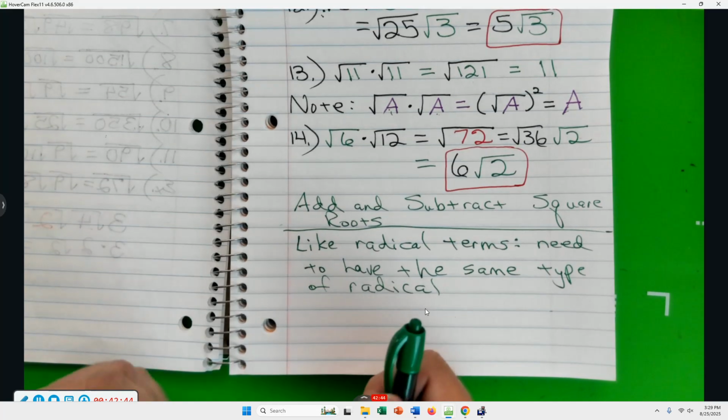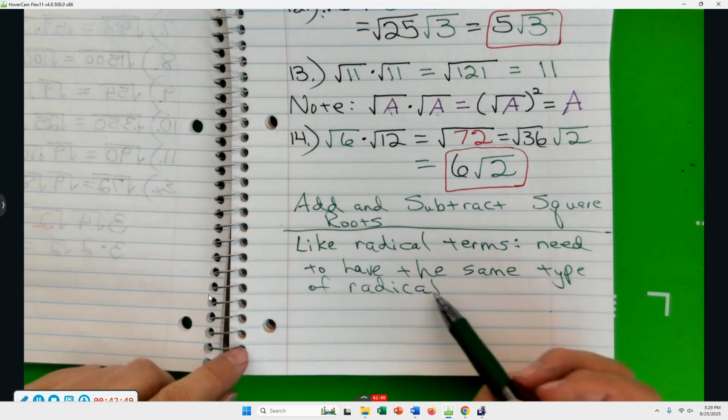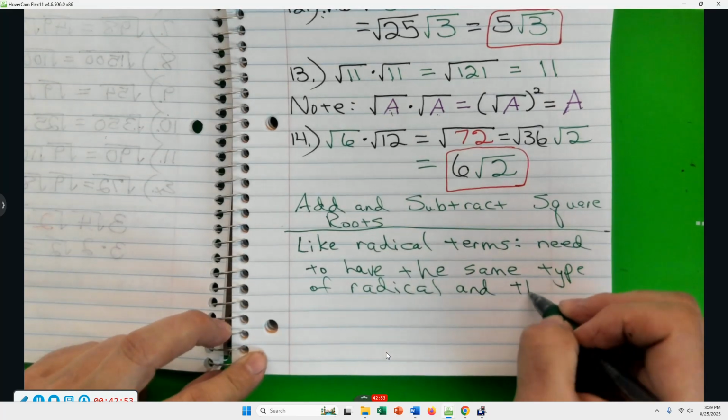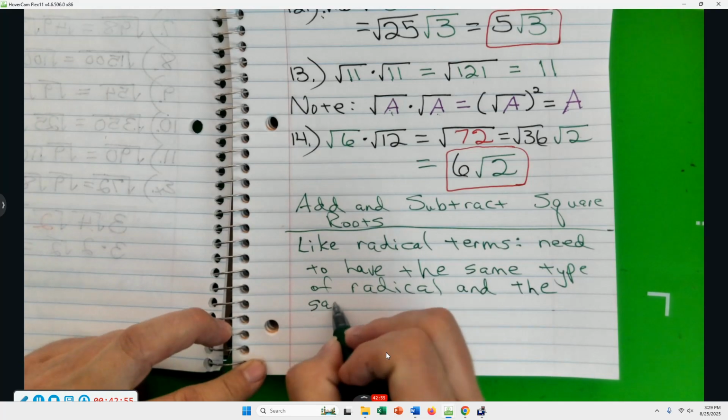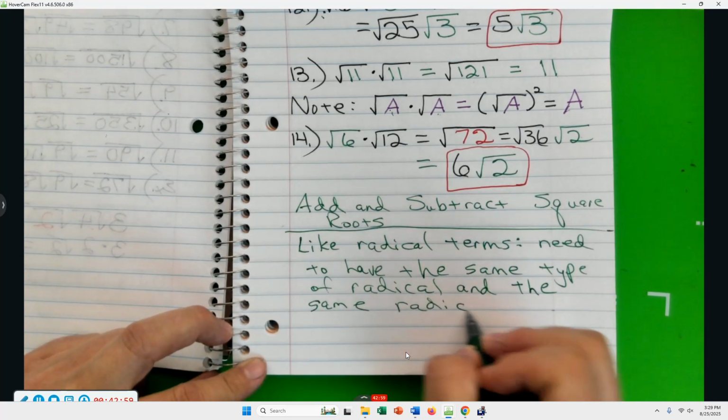You can't add a square root of 6 plus a square root of 7. You have to have the same type of radical and the same radicands. That radicand is the stuff under there.